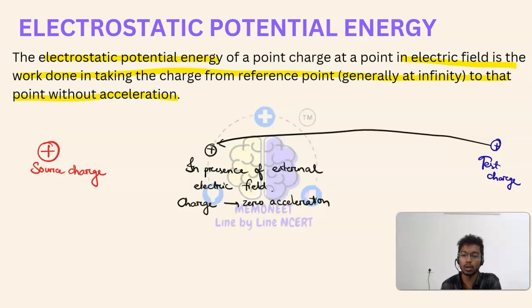Okay, so let's say we have the electric potential energy, delta U, which equals U final minus U initial. This will be equal to the work done by the external agent, W external.